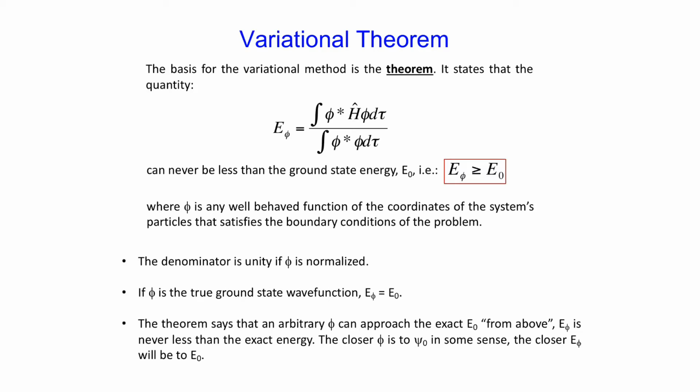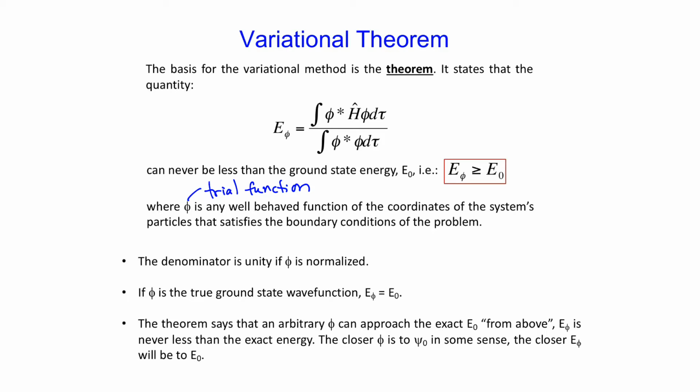Phi is what we reference as our trial function. It's not going to be your exact wave function, right? That's what we don't know at this point, but it's a trial function that we've essentially guessed at depending on what our boundary conditions are and those other things that need to be satisfied, so nodal conditions and symmetry and things like that.